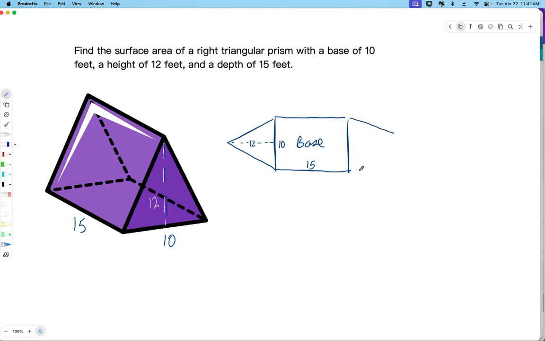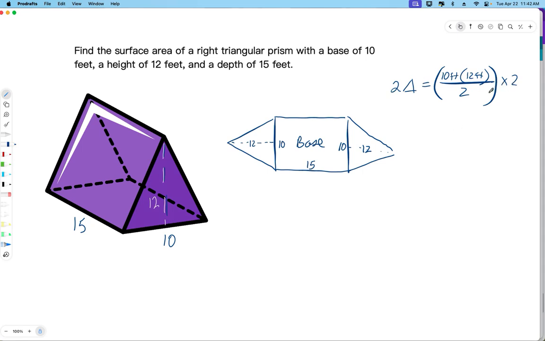And then there's another one on this side. That is basically a really bad drawing of a triangle. But it is still 12 by 10, right? So two triangles that are 10 base, 10 feet, and a height of 12 feet. Okay, so there's two of them, so we multiply that times 2.